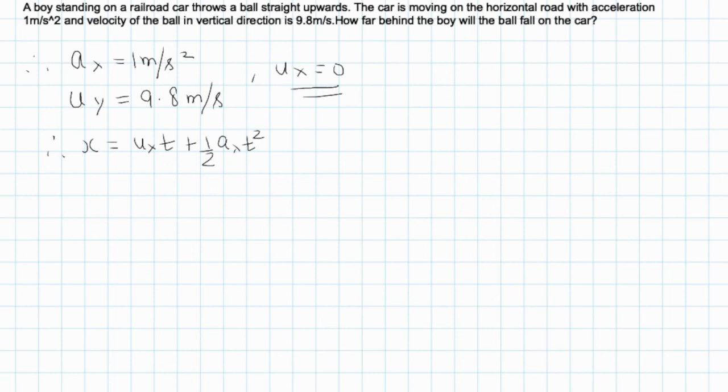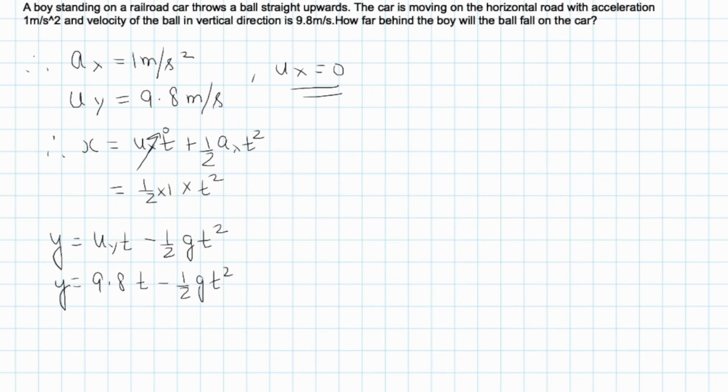So this is half of 1 into t square. And we can write another thing, y is equal to uy into t minus half of g t square. So uy is given as 9.8 into t minus half of g t square.